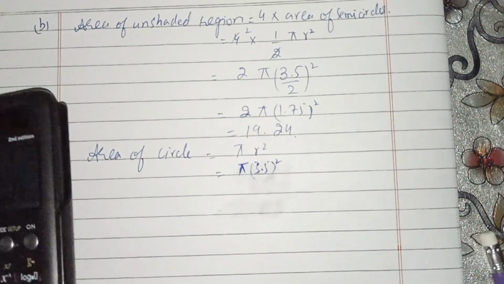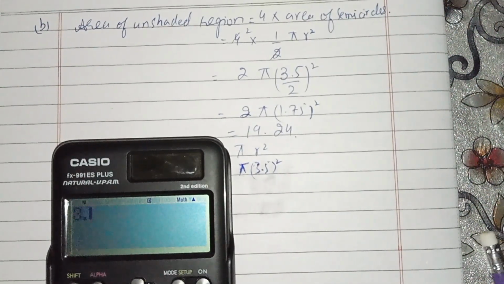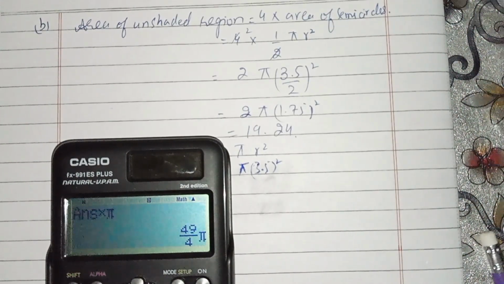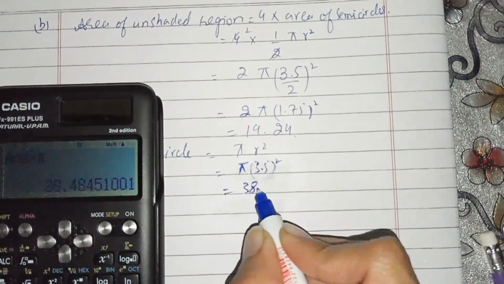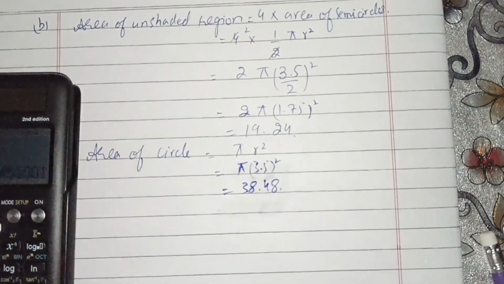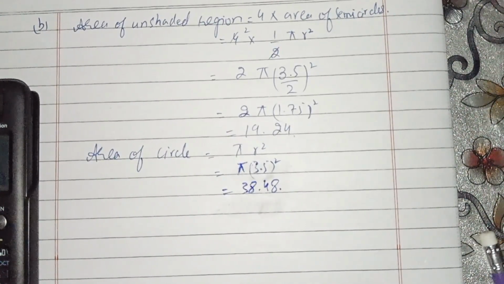By taking the square of 3.5, we get 3.5 square, multiplied by pi, and we get 38.48. Now we have to find the area of the shaded region.